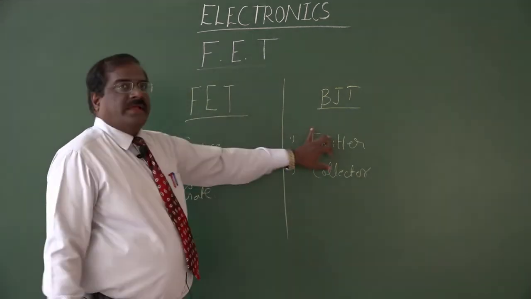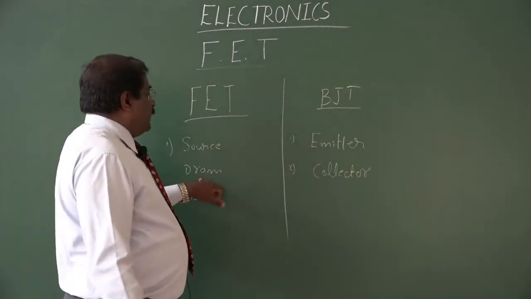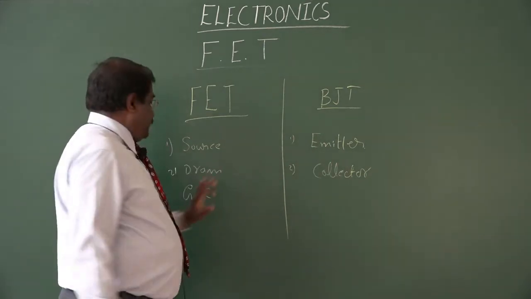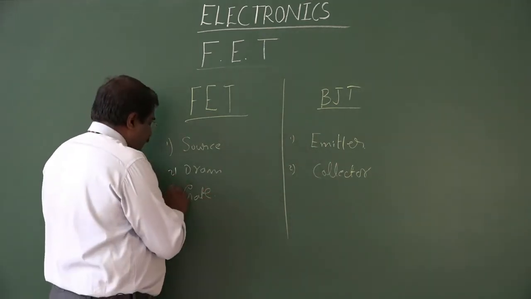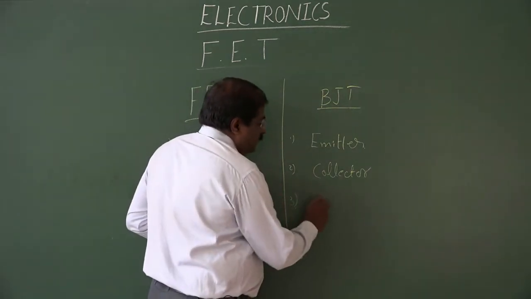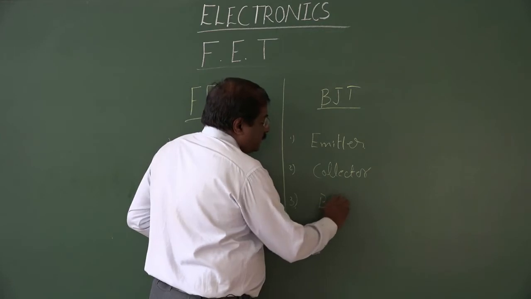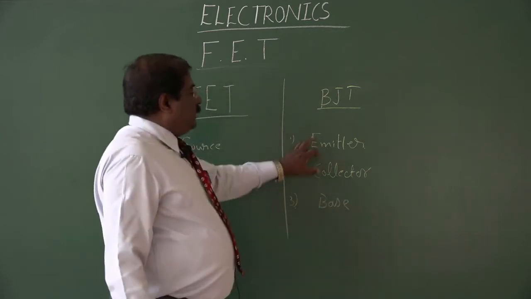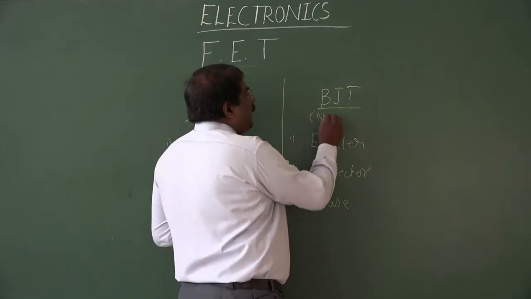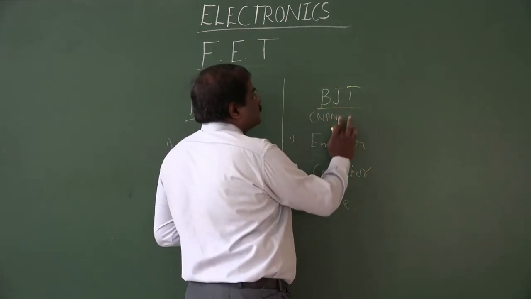Here source, here emitter. Here drain, we call it the collector in the BJT. Here we have the gate, and here that is called the base. Emitter, base, collector is used in the BJT, NPN and PNP transistors.